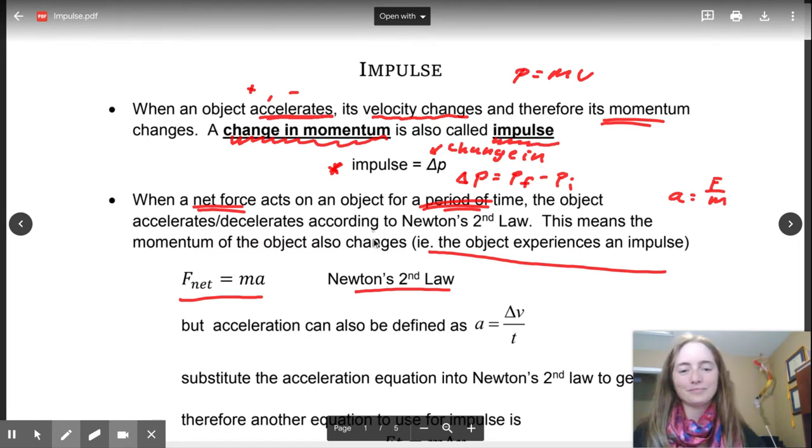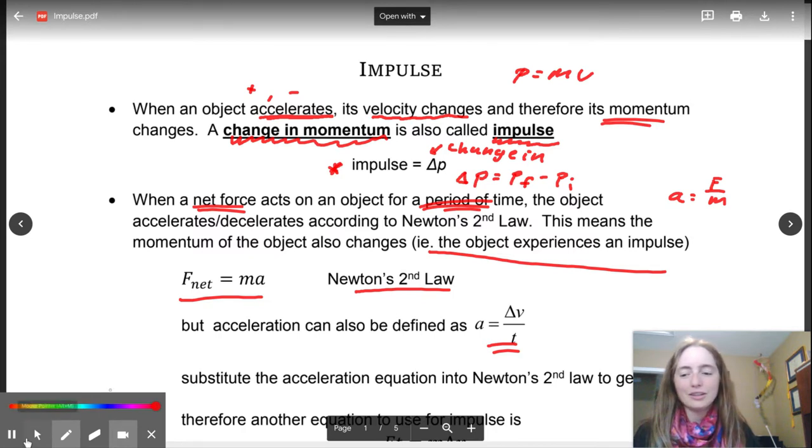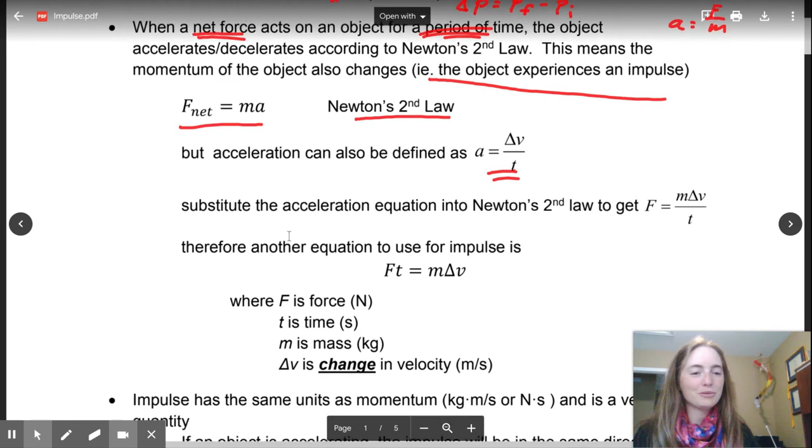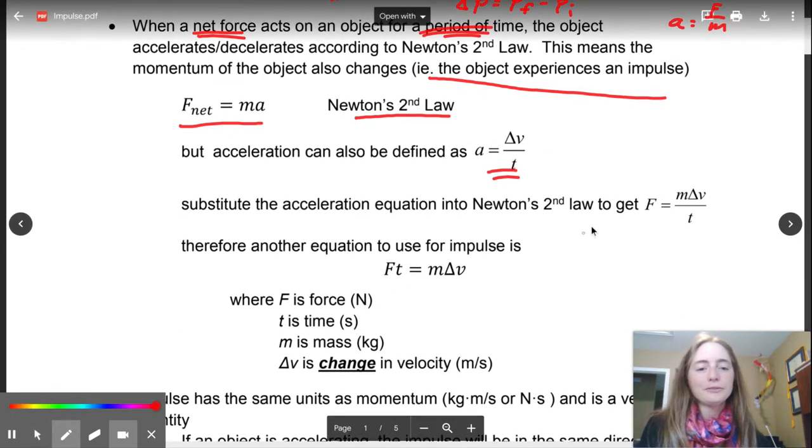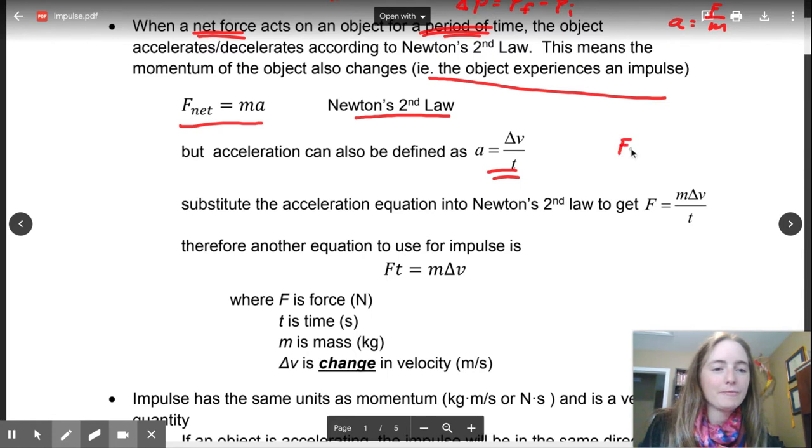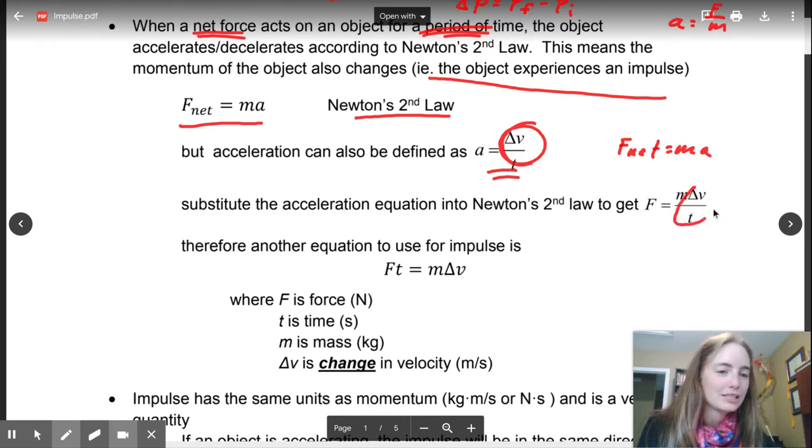So we can define acceleration not only as F over m, but we can define acceleration as delta v over time, right? So let us do a bit of lovely equation substitution. In our F net equals ma, I am going to take this chunk here and replace the acceleration with delta v over delta t. Okay, so this a becomes this, delta v over delta t.